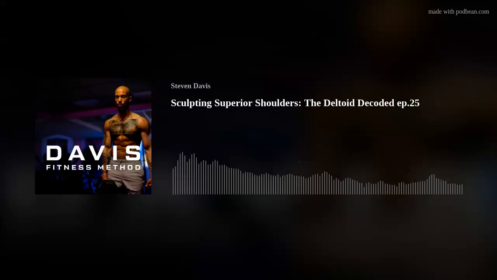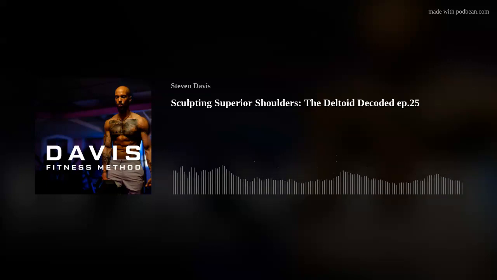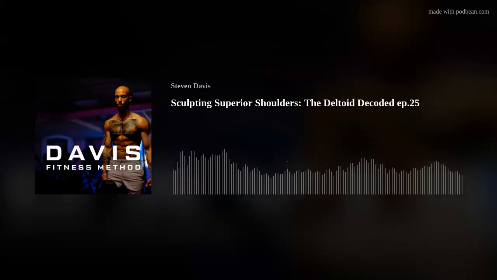Your lower trap helps to stabilize, your lats can help to stabilize your scap, your serratus is a huge stabilizer of your scap. Your rotator cuffs stabilize the shoulder. So all of those things have components into how well you'll be able to develop your deltoid.